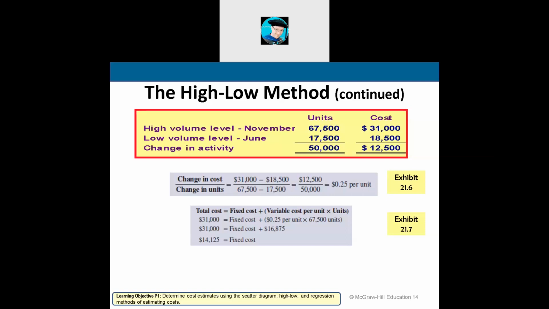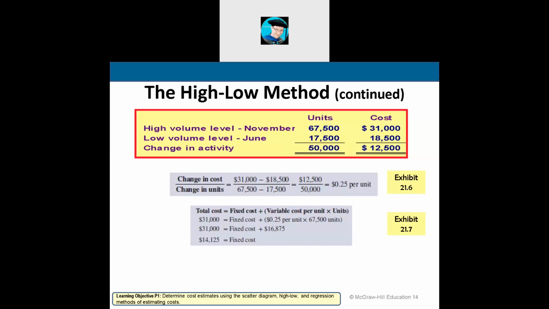We know the total cost at the high volume was 31,000. So we write out the formula. Total cost, 31,000, equals fixed cost plus variable cost per unit times number of units.